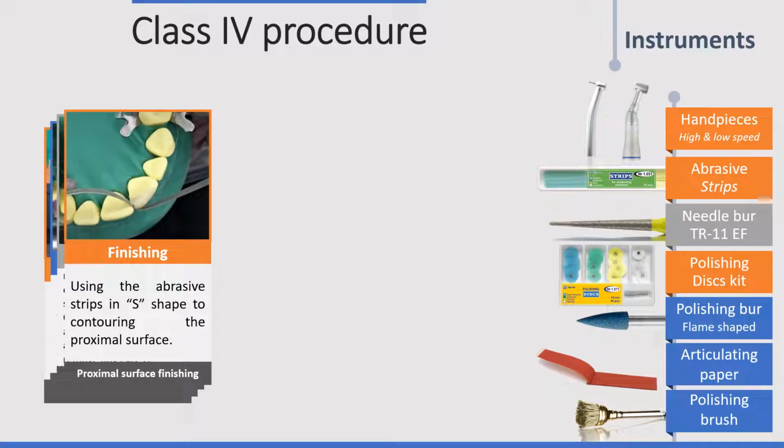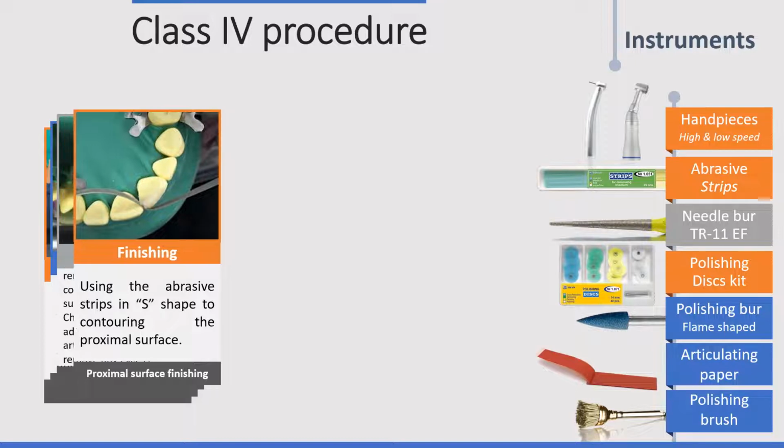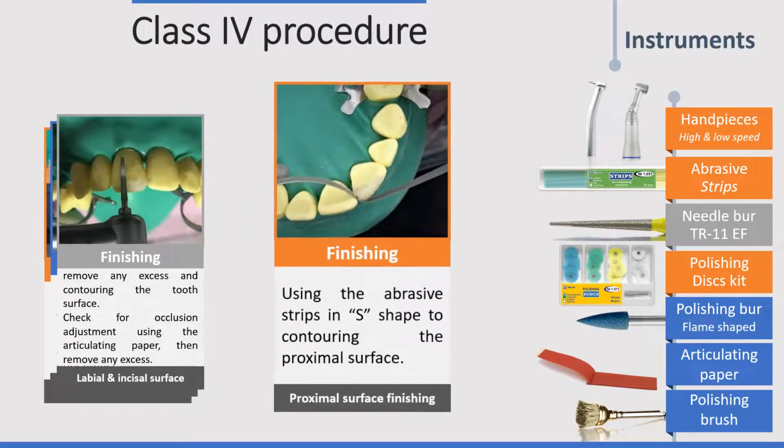For finishing and polishing, instruments we will use are handpiece, high and low speed, abrasive strips, needle pair, polishing diskette, polishing pair, flame-shaped, articulating paper, and polishing brush. Using abrasive strips in an S-shape for contouring the proximal surface.